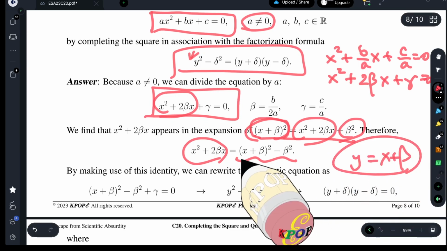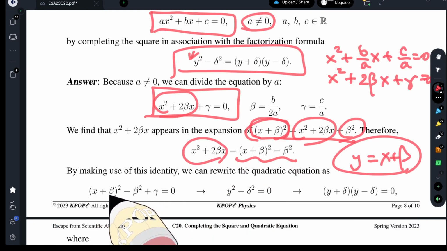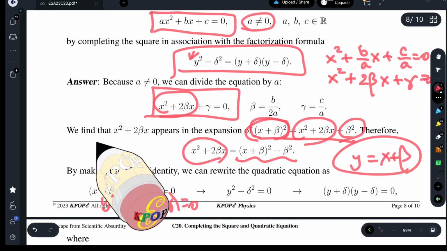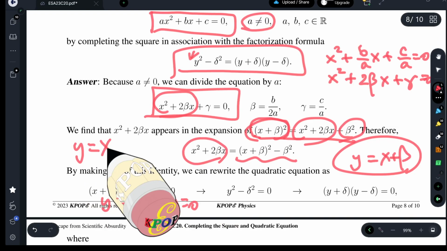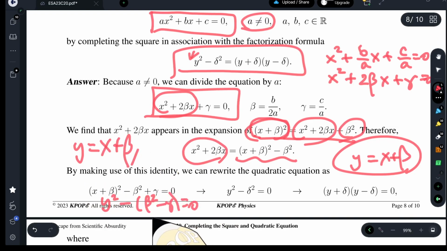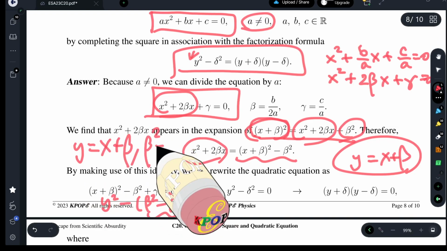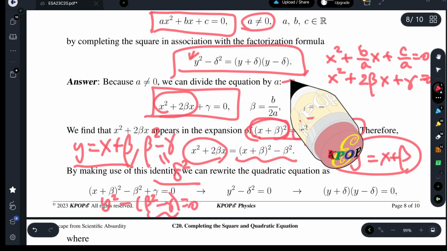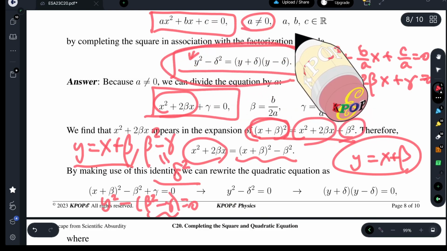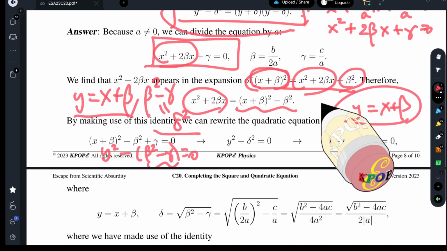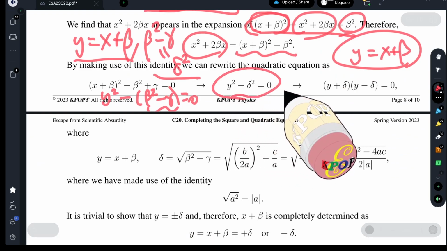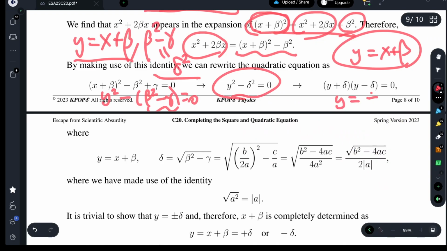In that case, this expression becomes y squared minus beta squared minus gamma equals 0. So y equals x plus beta, and then beta squared minus gamma equals delta squared. This is to reduce this equation into a very simple form. Because the equation reduces into this form equals 0, the solution of y is trivial.